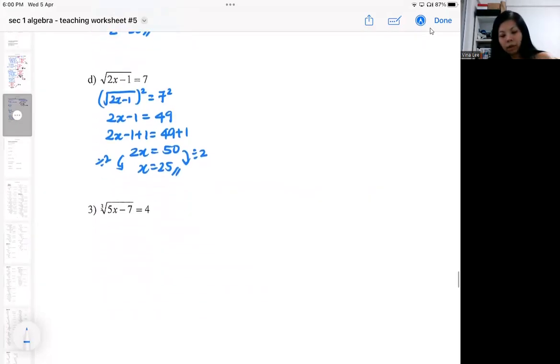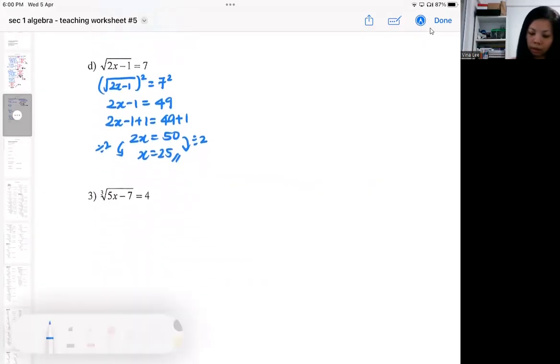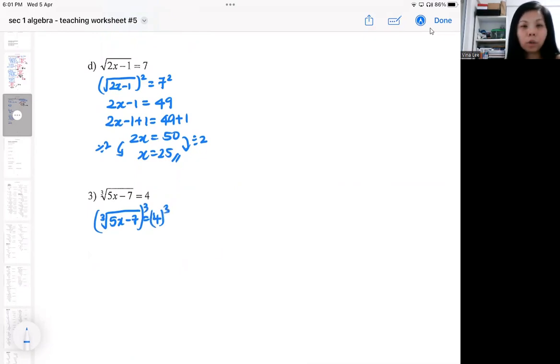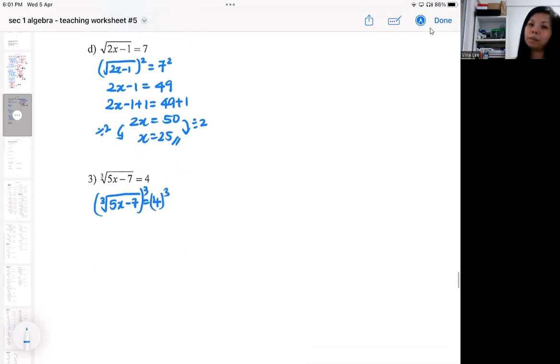If it's a cube root, in the situation of a huge cube root here, you cube both sides to free up the cube root, so you free up the algebra inside.